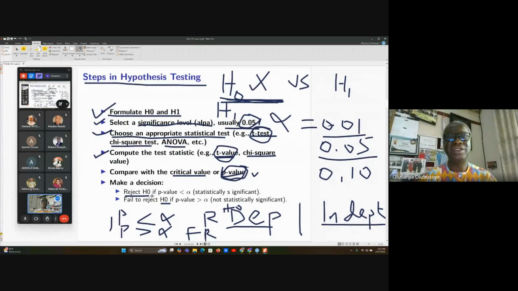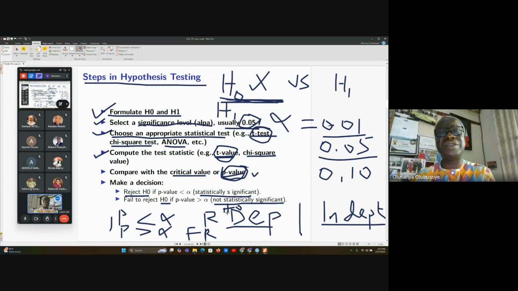So when you reject the null, that is when the test is statistically significant. When you fail to reject, that is when the test is not statistically significant. Those are the terminologies that you have to use, because the hypothesis you are testing is a statistical hypothesis. Remember, there are other ways outside, but this is a hypothesis that is using data.